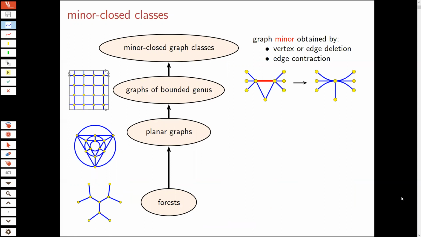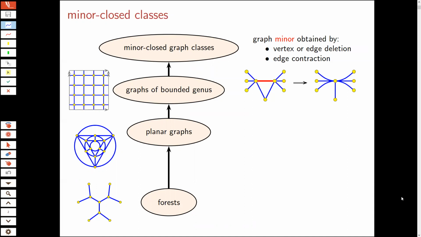So here, a minor is a graph obtained from another graph by vertex or edge deletion, or edge contraction, which means to take this red edge in the picture, delete the red edge and identify the two vertices and replace any parallel edges by single edges. So these are examples of minor closed classes.